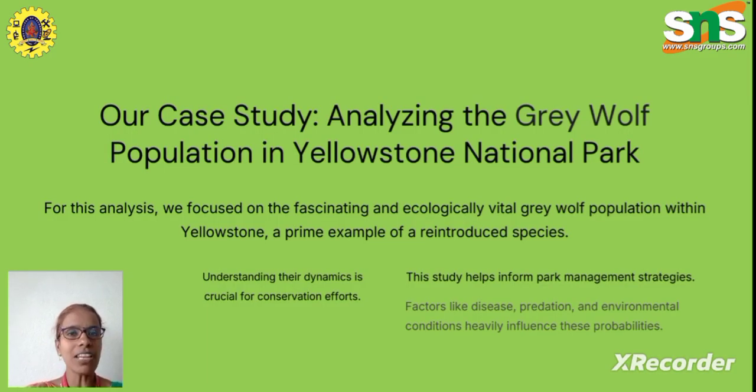Our case study is analyzing the grey wolf population in Yellowstone National Park. This is the thing we are going to do in today's class. For this analysis, we need to focus on the ecology of the vital grey wolf population within Yellowstone, a prime example of a reintroduced species. Understanding the dynamics is crucial for conservation efforts.